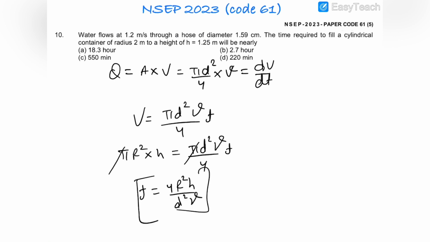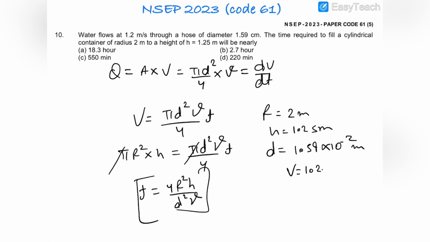In fact, capital R is 2 meter, height is 1.25 meter, the diameter of the pipe is 1.59 centimeter, which is 10 to the power minus 2 meters, and velocity is 1.2 meter per second. By substituting these values, we can see that the time would be option A, which is 18.3 hours.